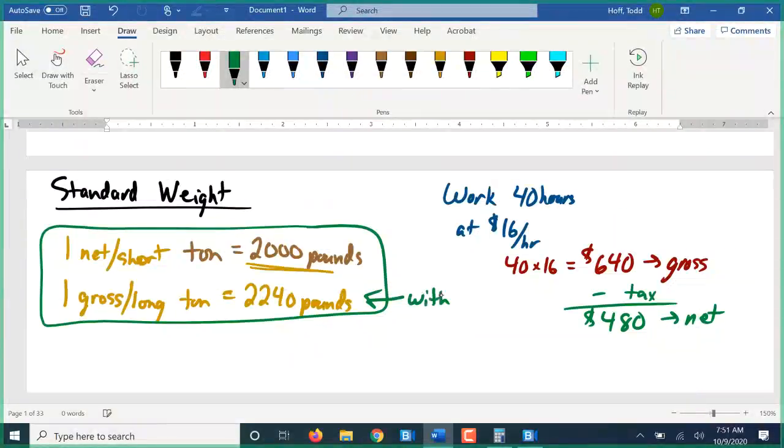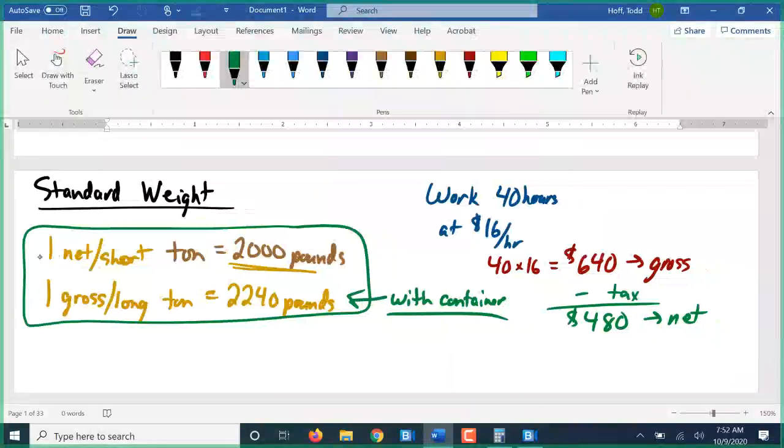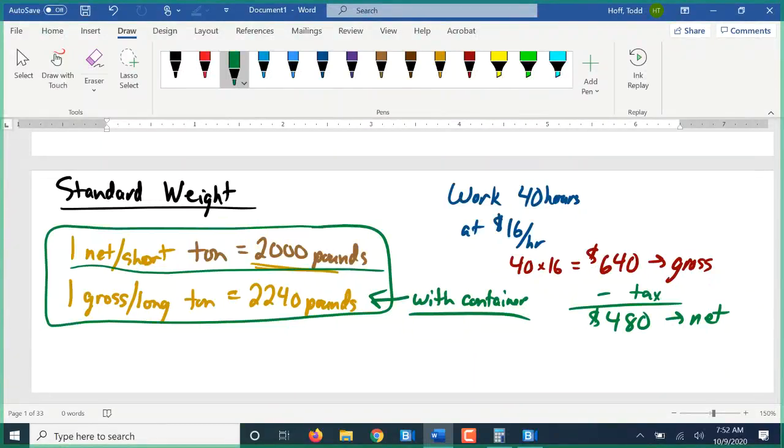So the gross ton is with the container. What we're always concerned about, though, is the net amount. We don't care how big the container is. You care about the net amount of grain that you got. So the short ton was really what you're worried about, how much grain you had without the container.